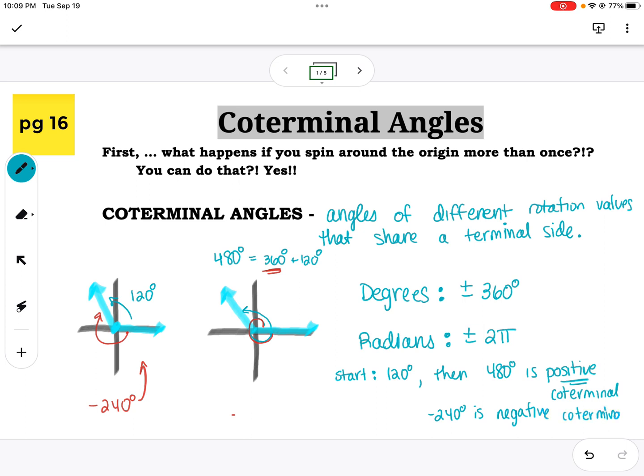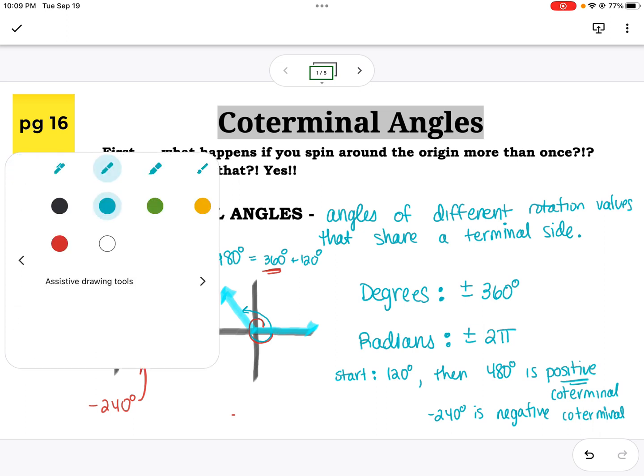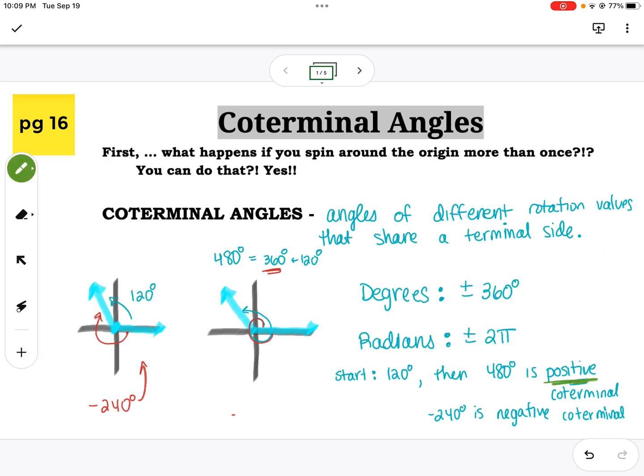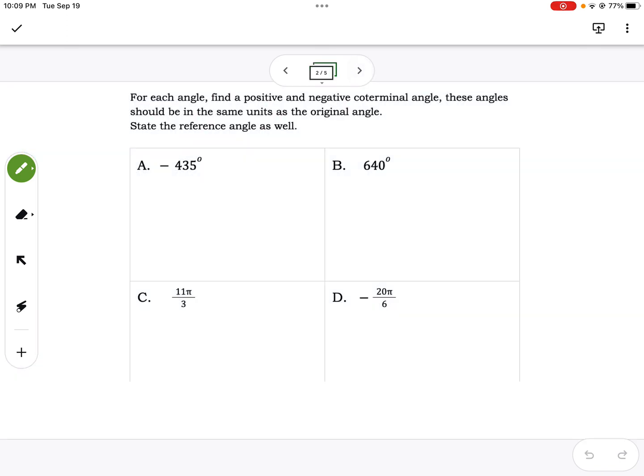And guys, it's not anything fancier than the reason why we use the word positive is because it's a positive angle. It has a positive rotation. We used the word negative here because it's a negatively rotating angle. Okay, so when we're looking for coterminal angles, we're looking for ones that rotate differently, more or less positive and negative.